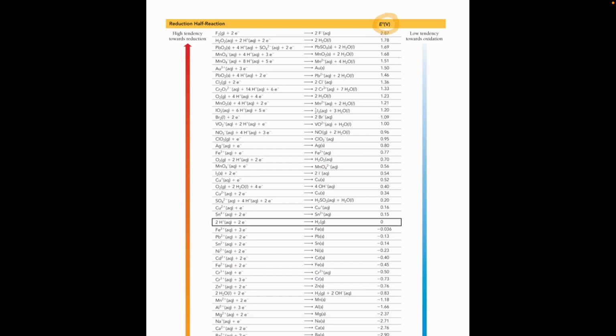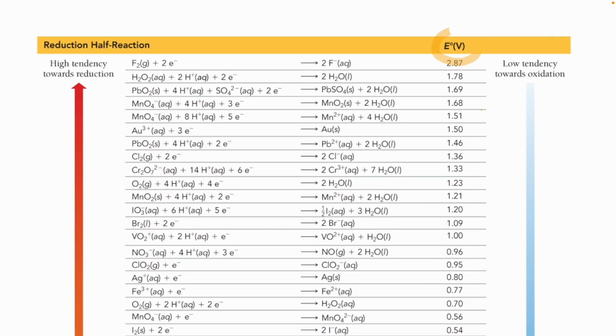Okay? And up at the top, they're arranged in numerical order by the potential. Up at the top are the half reactions with the greatest potential value, meaning they have the greatest tendency towards reduction. The best reduction reactions are listed up at the top.